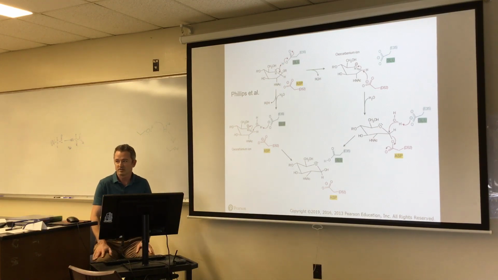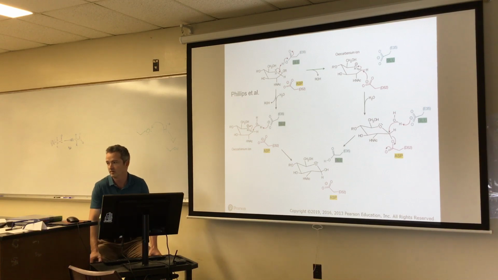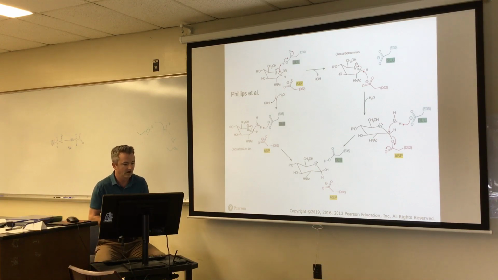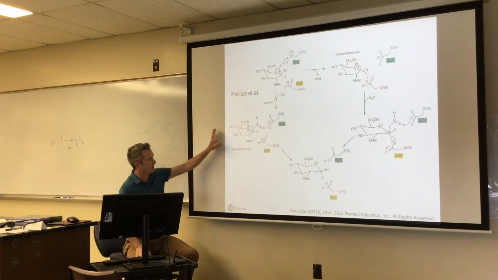And I've got some questions for you guys to answer, and I want you to get in your groups, and I'll put those questions up here in just a minute. But one of the questions deals with that half-chair conformation. And then there's this oxocarbenium ion that was also proposed.